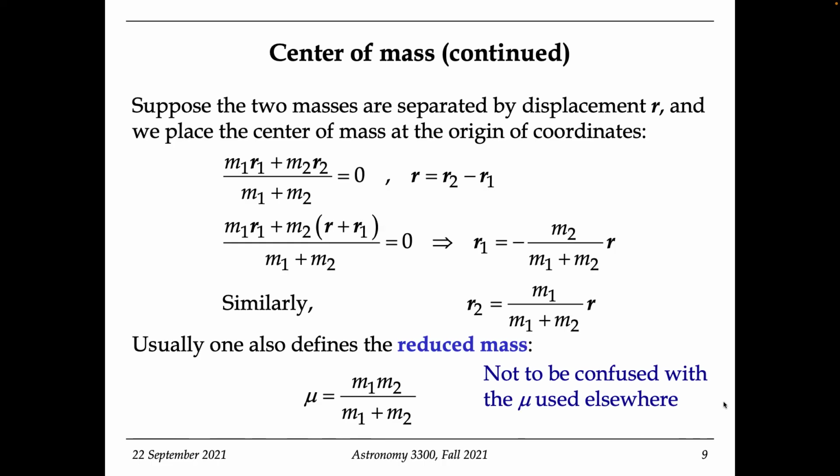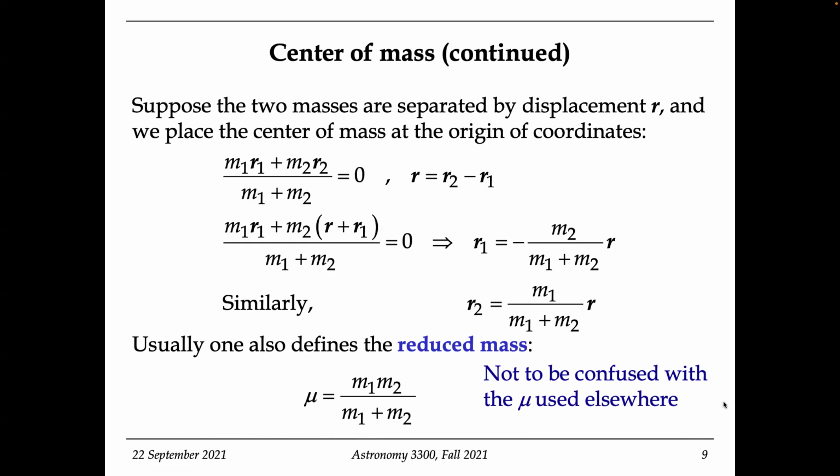Similarly, we're probably going to use this. So this is worth a definition. You can define this thing. This is called the reduced mass. So in a system where you have a center of mass, instead of thinking about each mass individually, M1 and M2, just use mu, right? That makes it easier to keep track of.